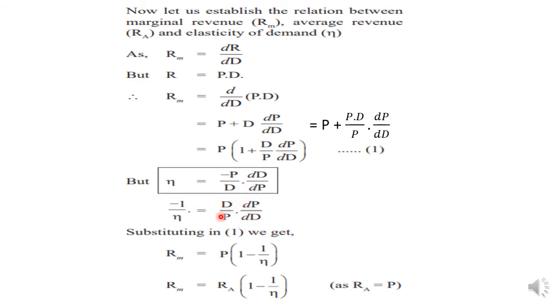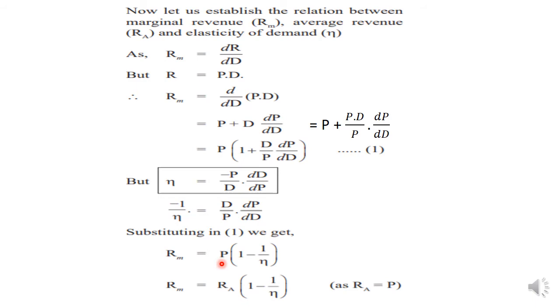Now this entire term became minus 1 upon eta. Substituting that in this equation, we get RM is equal to P into 1 minus 1 upon eta. Now P is nothing but RA.